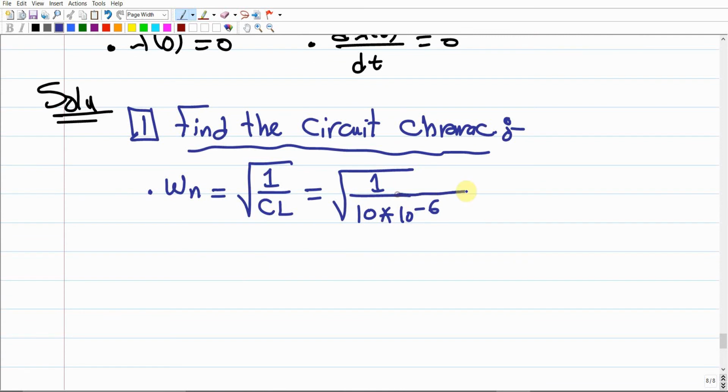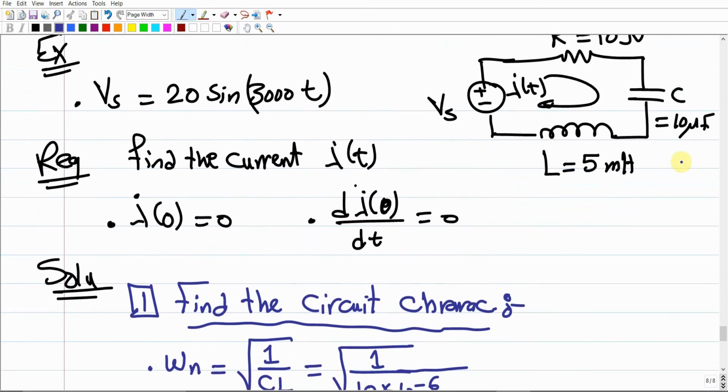Why 10 to the negative 6? To convert from microfarad to farad, we need farad. For henries, since this is milli, it should be multiplied by 10 to the negative 3, meaning this value is 5 times 10 to the negative 3 henries. This value is 10 to the power of negative 6 farad, right?